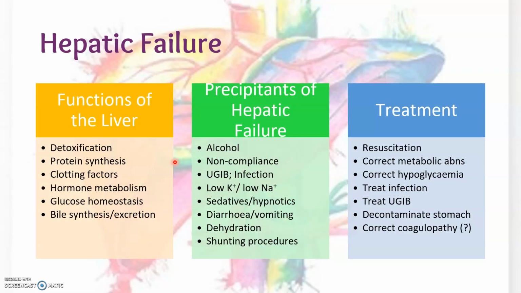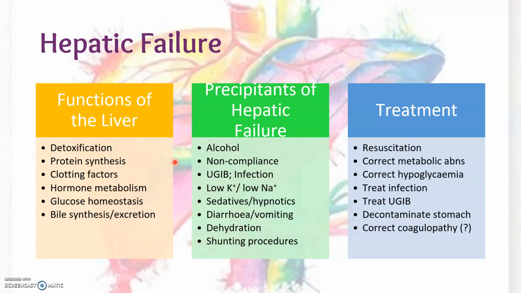If we think about the functions of the liver, detoxification, protein synthesis of clotting factors, hormone metabolism, glucose homeostasis, and bile synthesis and excretion, we can understand the presentation of liver failure. So patients may present with confusion because of a buildup of toxic metabolites.